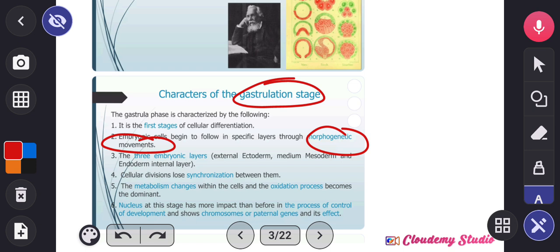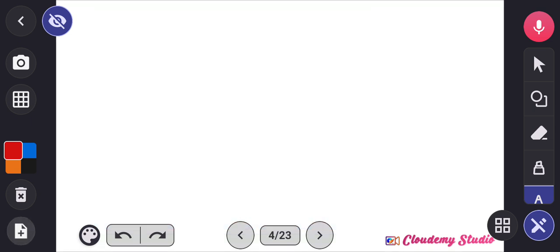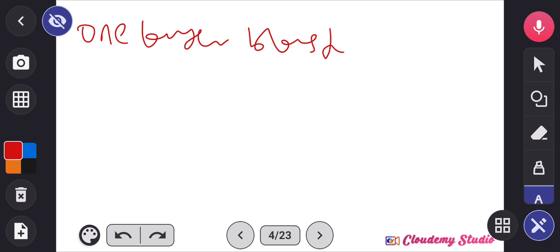Therefore, we can say that gastrulation or germ layer formation is the stage of embryonic development in which a single layer blastula is converted to a trilaminar structure consisting of the outer ectodermal layer, the middle mesodermal layer, and the endodermal layer, which means during gastrulation, one layered blastula is converted to a trilaminar structure.